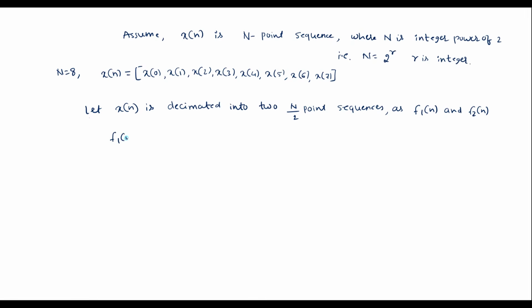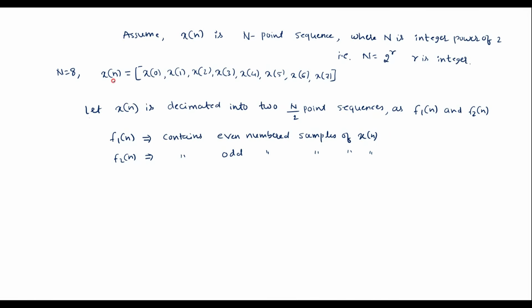We'll assume that f1 of n contains the even numbered samples of x of n, and let f2 of n contain the odd numbered samples of x of n.